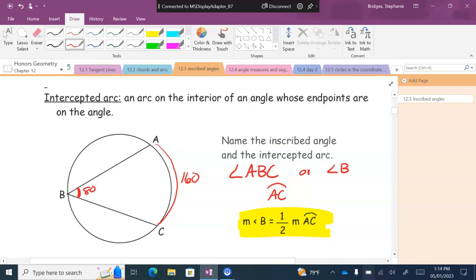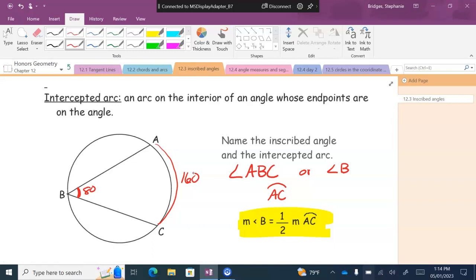Central angles are equal to their arc. Inscribed angles are half of their arc. The ones that are at the center are equal to their arc. The inscribed, where it is on the circle, is half of it.